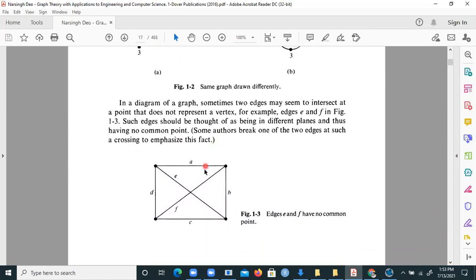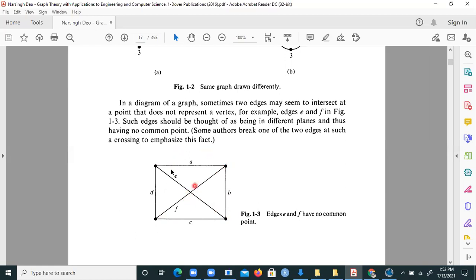One important point that I would like to mention corresponding to the graph, as you can see in figure 1.3, is that in this particular graph, 4 vertices are present. The vertices have not been named, but you can very well name those vertices in a counterclockwise or clockwise manner. But the names of the edges have been mentioned.